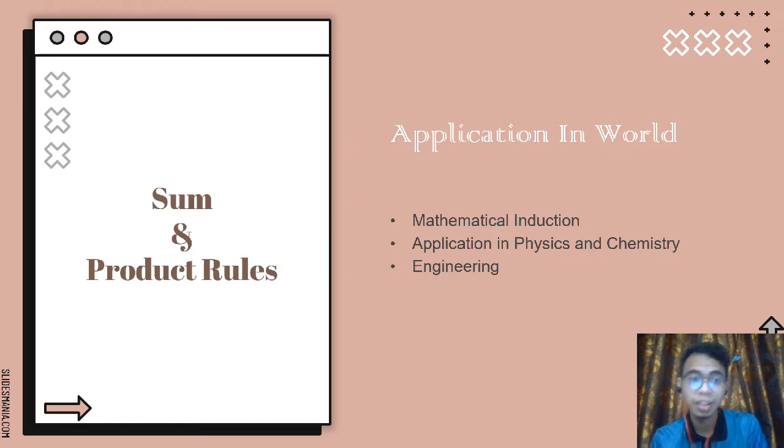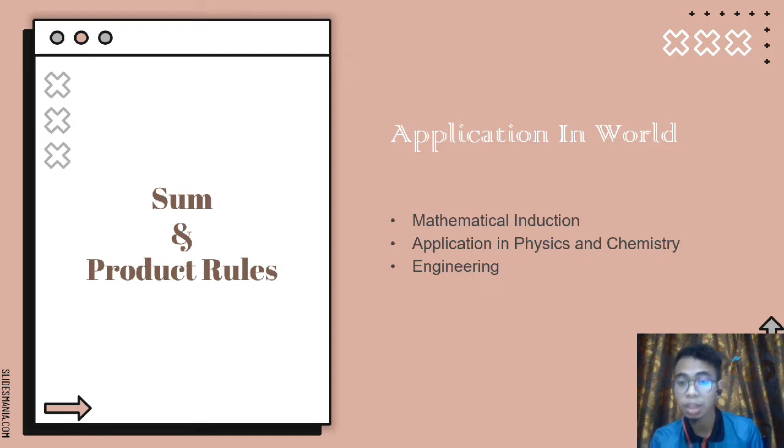So here we are, sum and product rules. Before we go further into this chapter, we must know the applications of sum and product rules in this world. This chapter is commonly used in mathematical induction. Next is application in physics and chemistry.